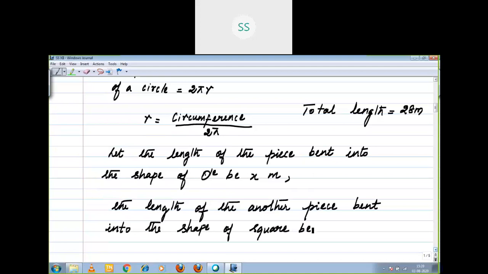One you consider as x, the total length is 28. That means this is equal to how much? Yes, 28 minus x meter.